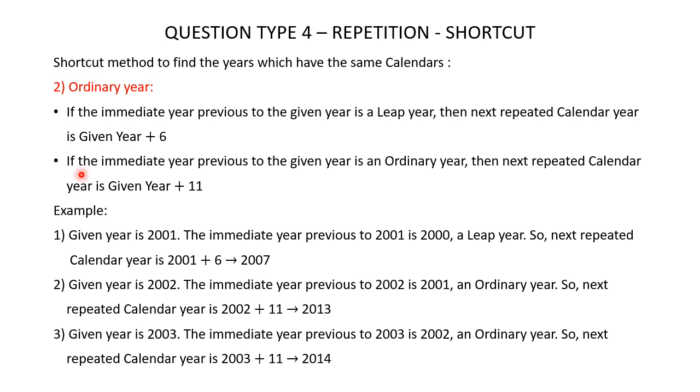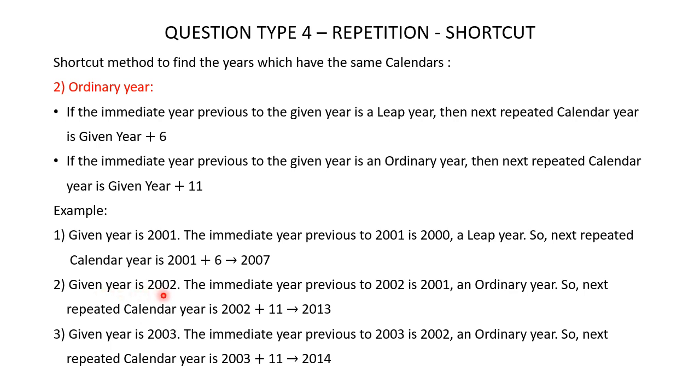Now if the immediate year previous to the given year is an ordinary year, then the next repeated calendar year is given by given year plus 11. Let's understand this with the help of an example. So the given year is 2002, which is an ordinary year.